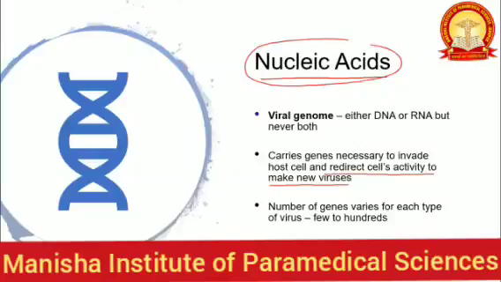They have a protein coat outside, but they don't need to carry enzymes, because once they infect and attack a host, they will hijack the host machinery of protein synthesis, and produce the necessary proteins they need to get multiplied and to get spread. The number of genes varies for each type of virus, from a few to hundreds.